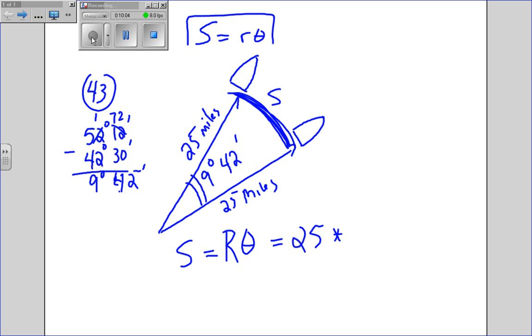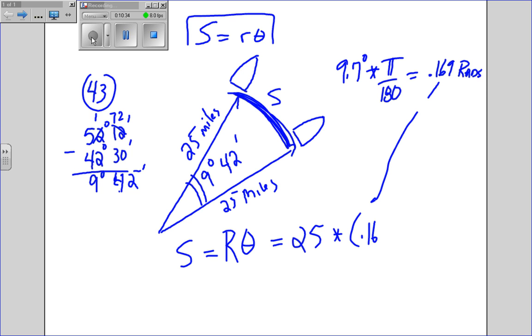So we've got to convert 9 degrees, 42 minutes into radians. 9.7 degrees times pi over 180 gives me about 0.169 radians. That's what I'm going to make sure I use for my theta. So 25 times 0.169 is approximately 4.23 miles.